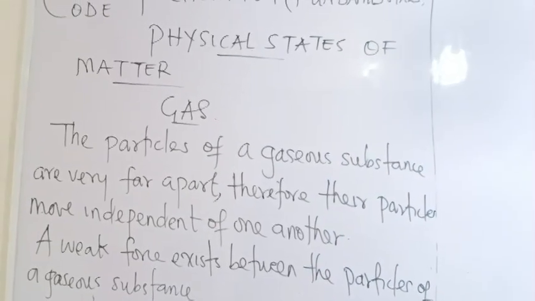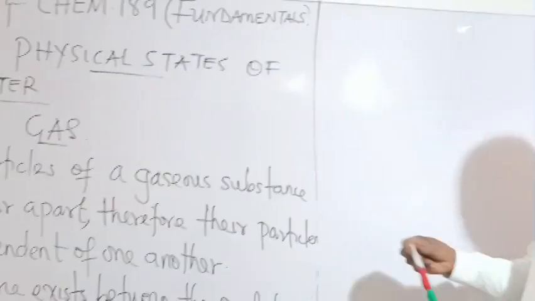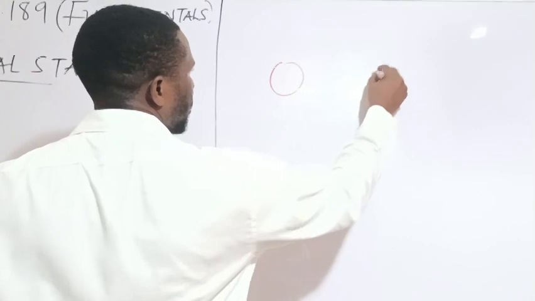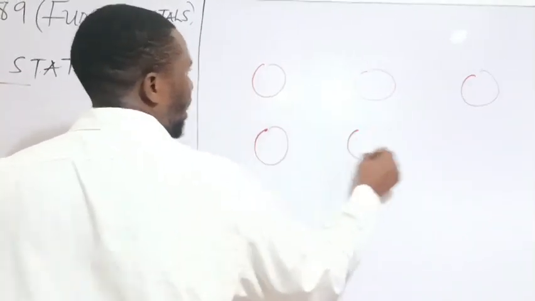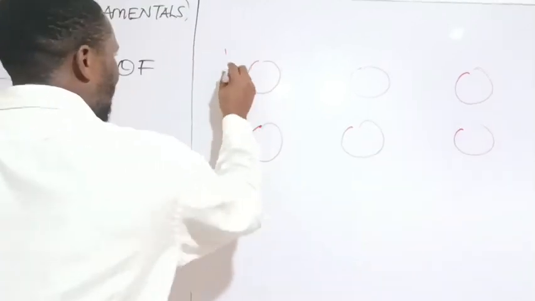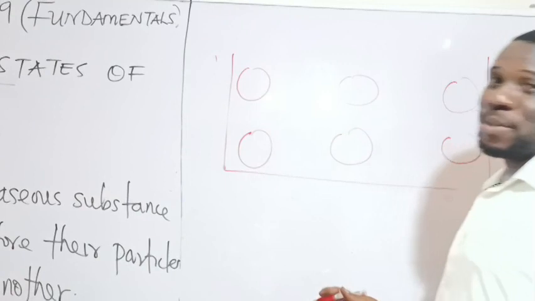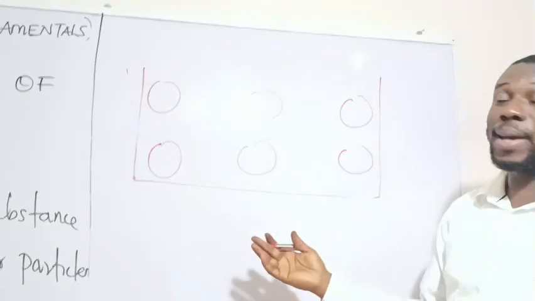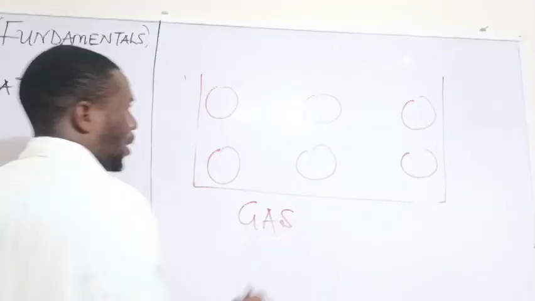Based on the fact that a weak force exists between the particles, we could say they are very far apart. So you could get one with a particle here and another there, you get one here and another there. So they are very far apart. A weak force binds them together because they've gained enough energy. And of course, they move independent of one another. So this is a gaseous substance.